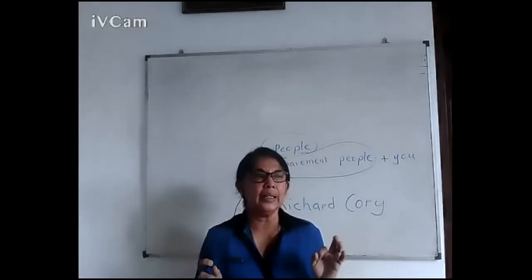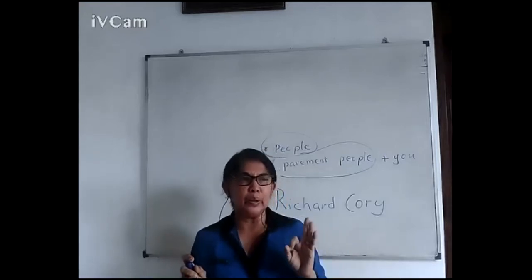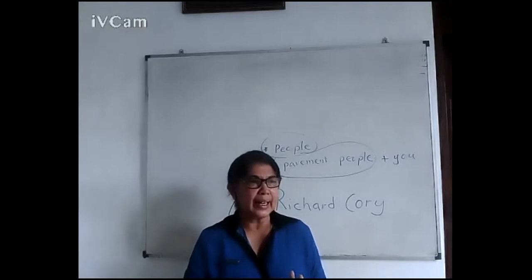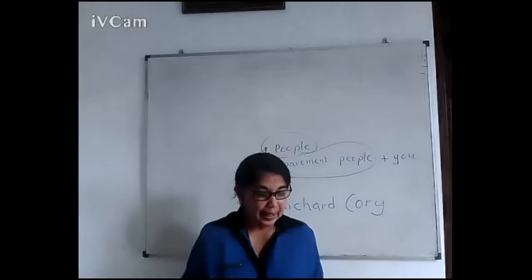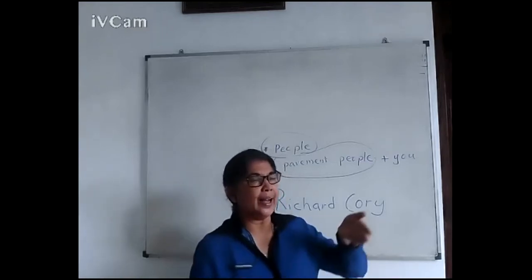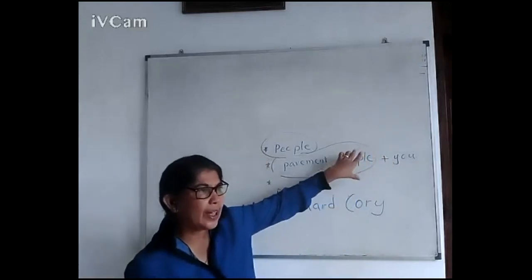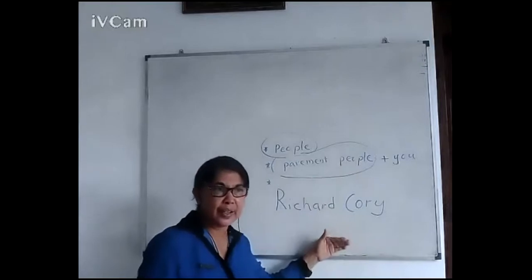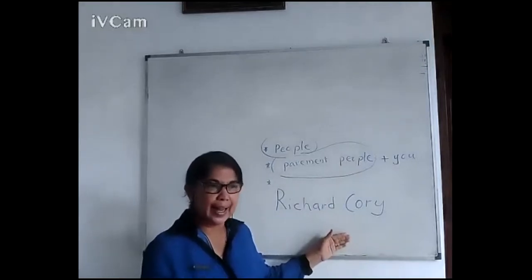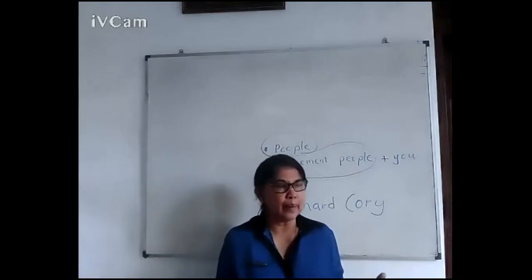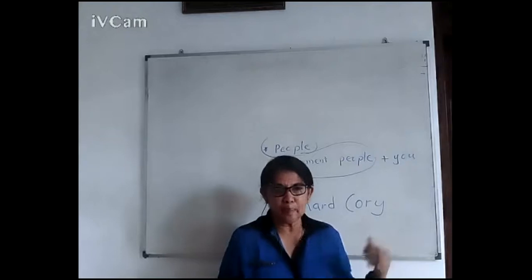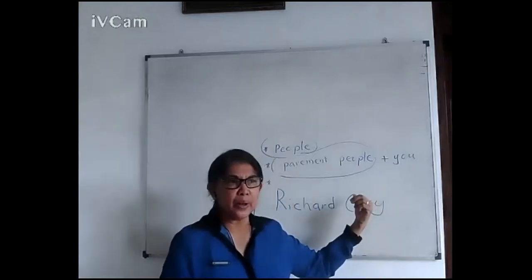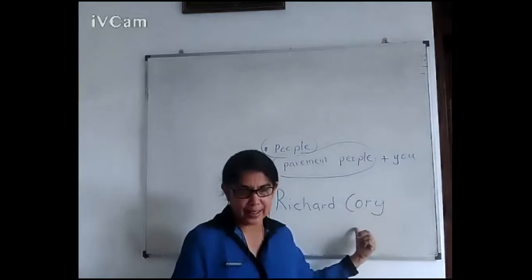Richard Cory is a good-looking person with a good personality, neat and tidy. It means he has enough money to spend on that. So we get the idea that there is a difference between the pavement people and Richard Cory. He can be a proud person, but he is not such a proud person.